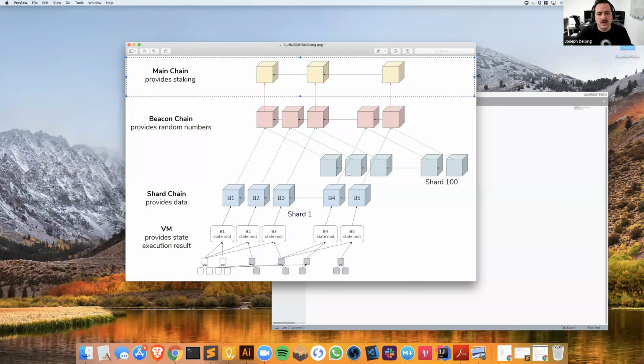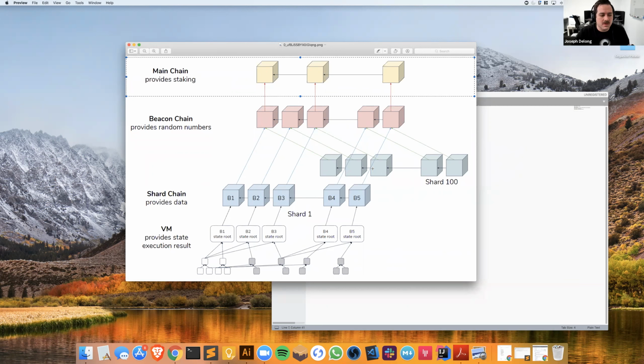You can continue to have this, but eventually a lot of the ETH will have leaked into the beacon chain, and then it will probably continue on as Ethereum 2 that way. But there's no necessary need to eliminate the proof of work chain. It's just additional consensus that adds a higher level of transactional throughput.